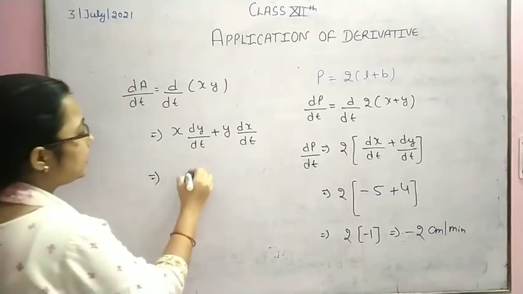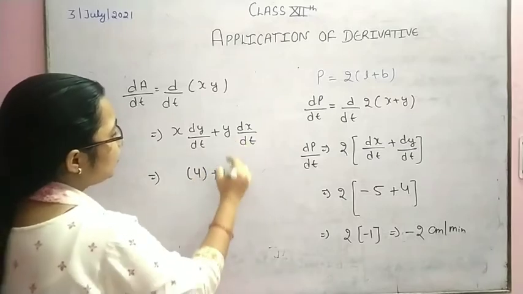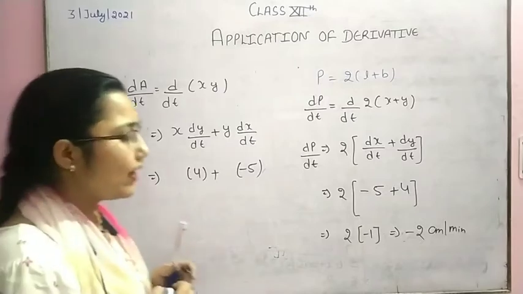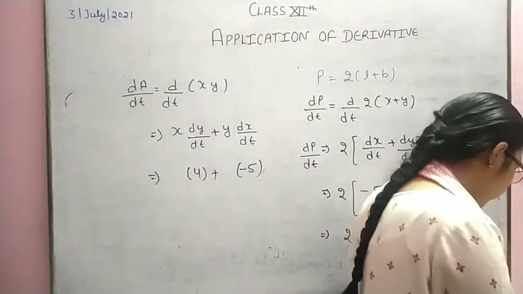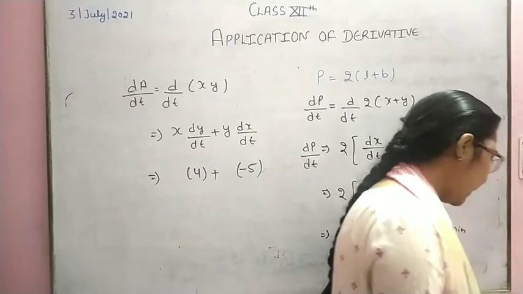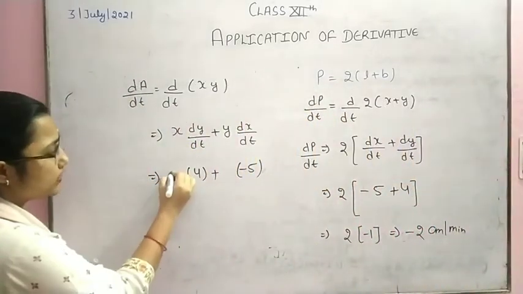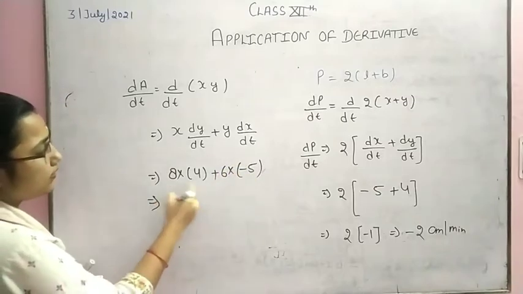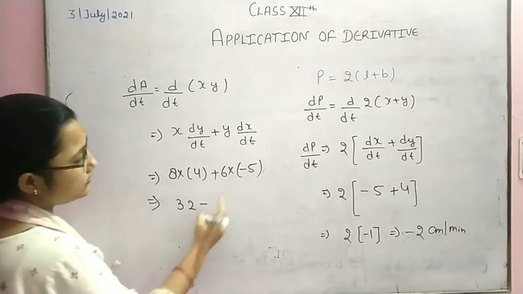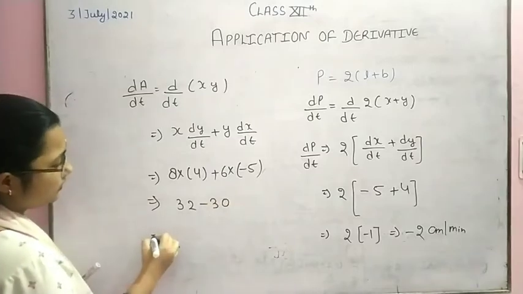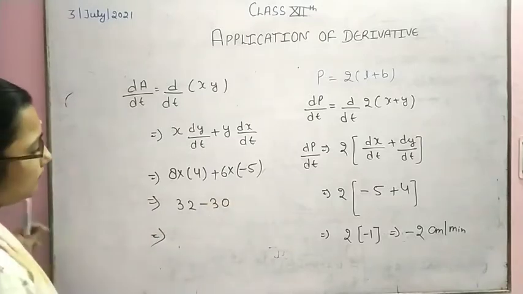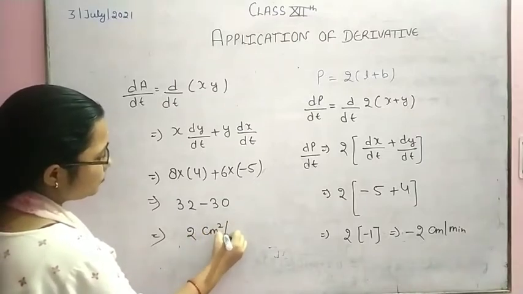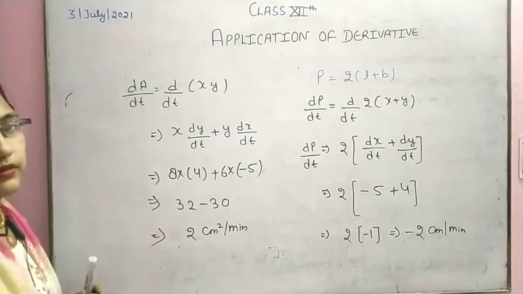The value of dy/dt is 4 and the value of dx/dt is minus 5, and the values of x and y are given as 8 and 6. Just put 8 in place of x and 6 in place of y. We get 32 minus 30. Now the answer will be 2 centimeter square per minute.